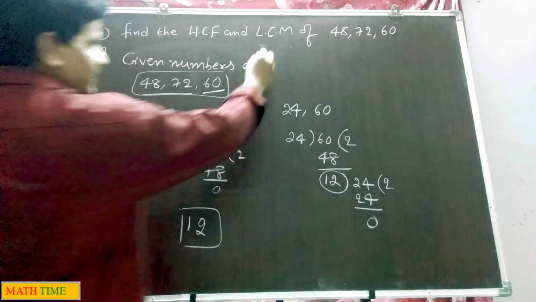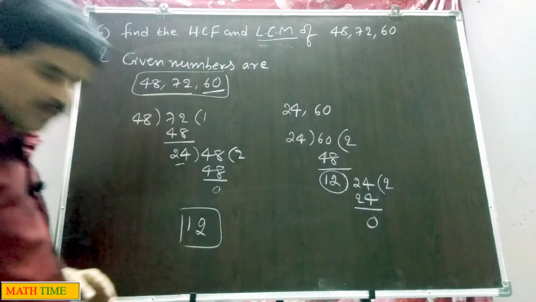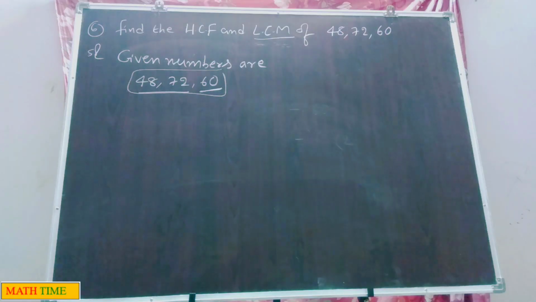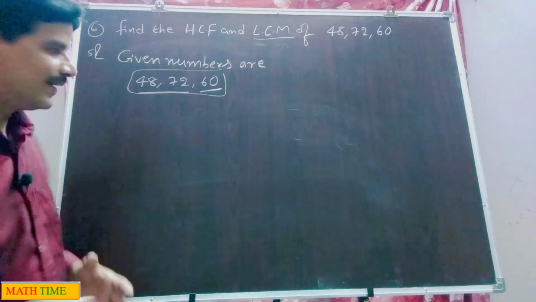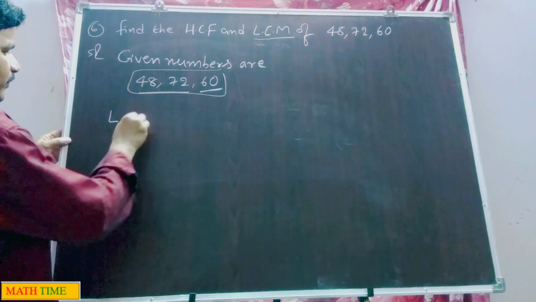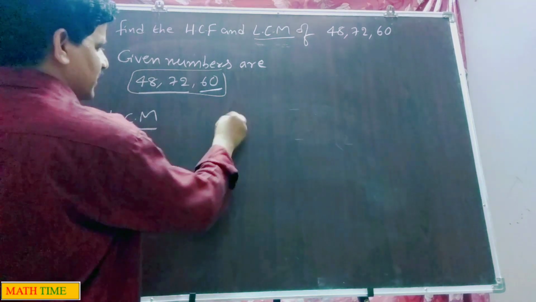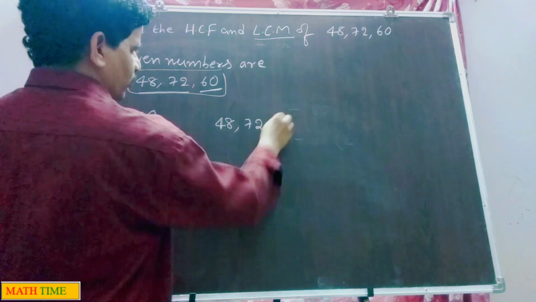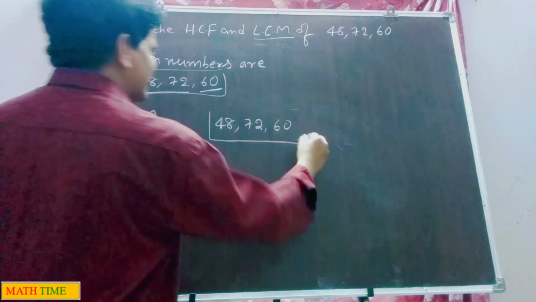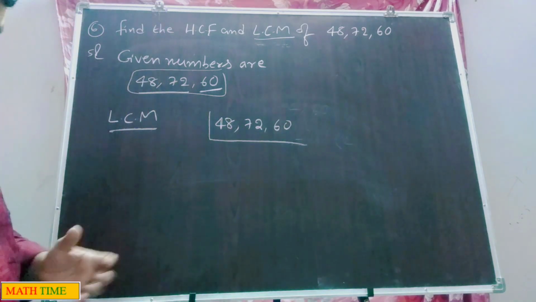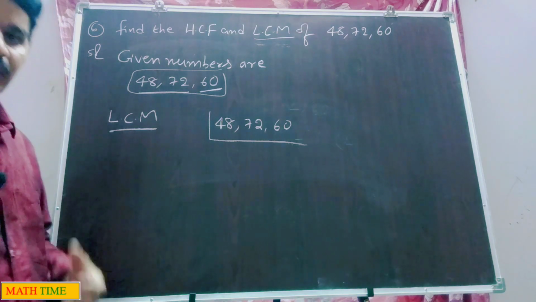And LCM is also asked. Now we are going to find the LCM of these three numbers. Let us take these three numbers here, 48, 72 and 60. HCF is 12, meaning highest common factor.